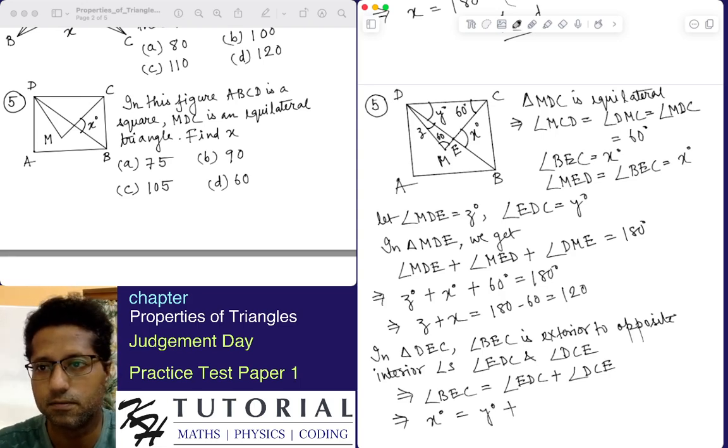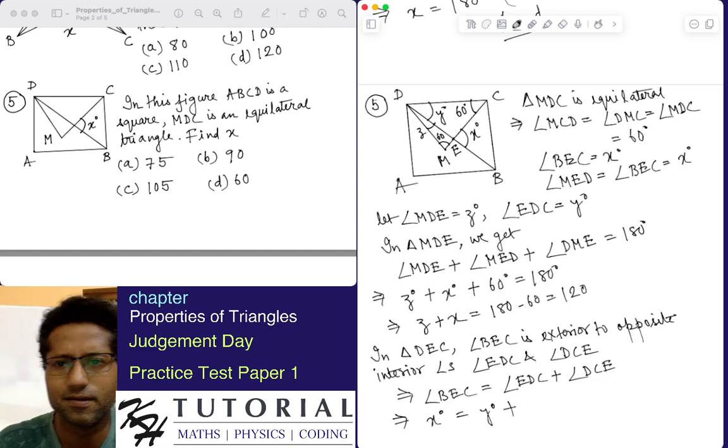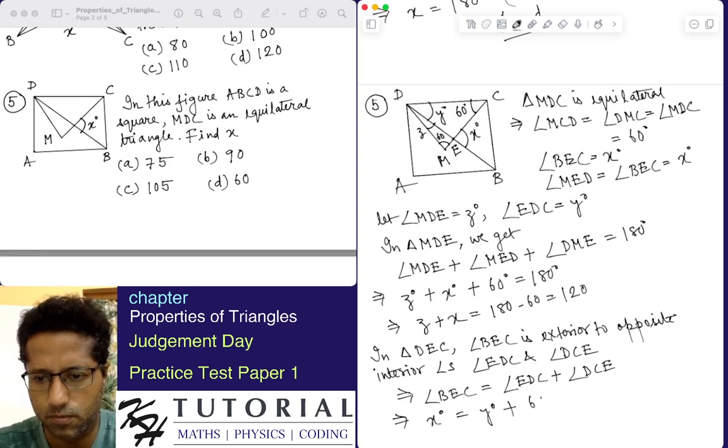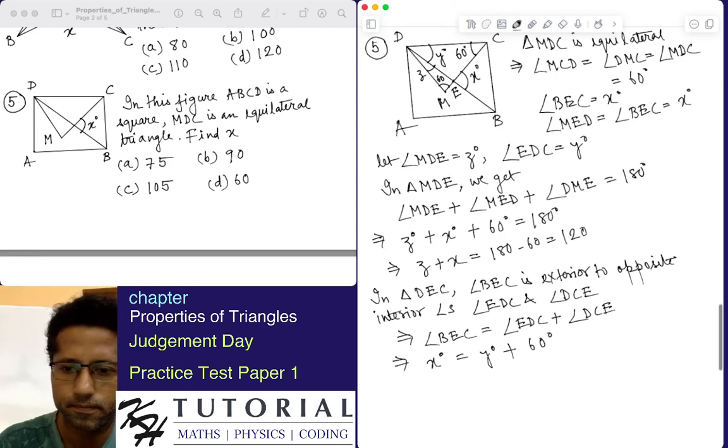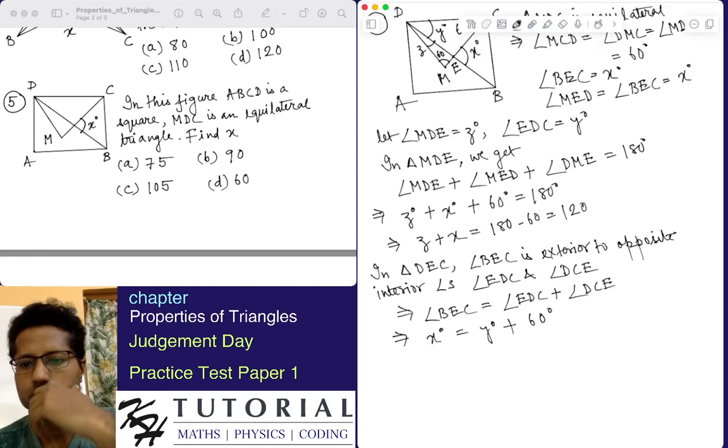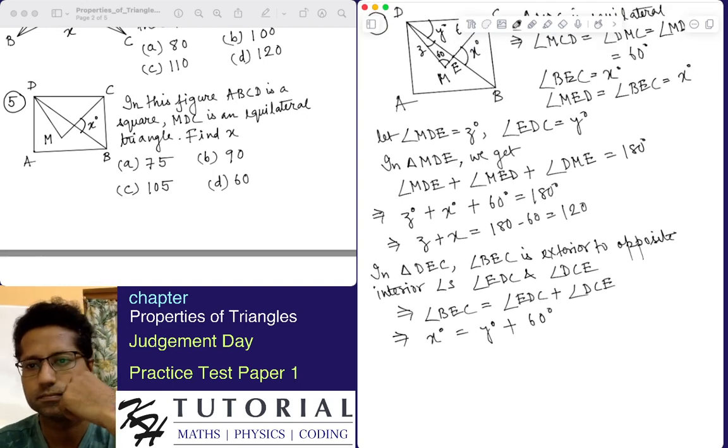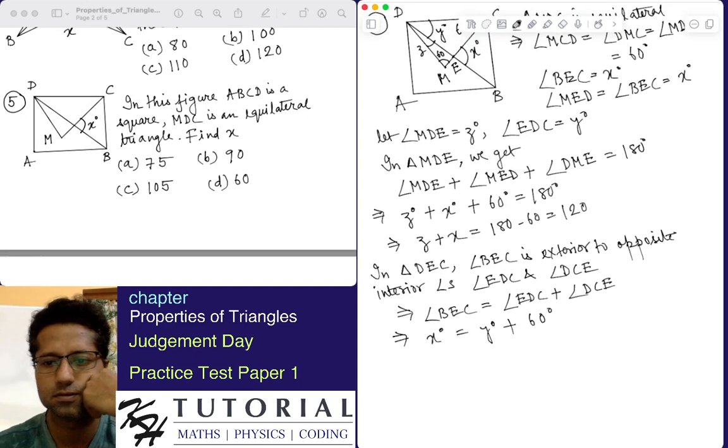Angle DCE is equal to angle MCD, which is given to be 60 degree. So x equals y plus 60.